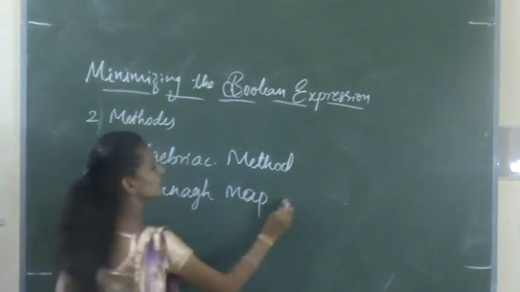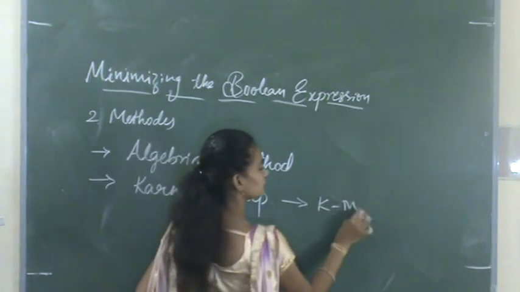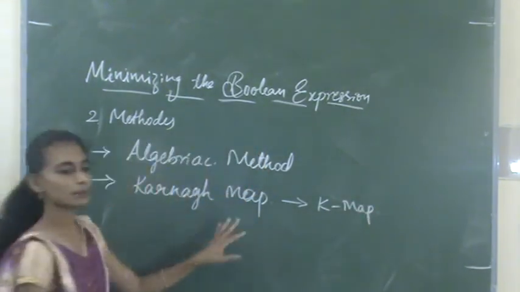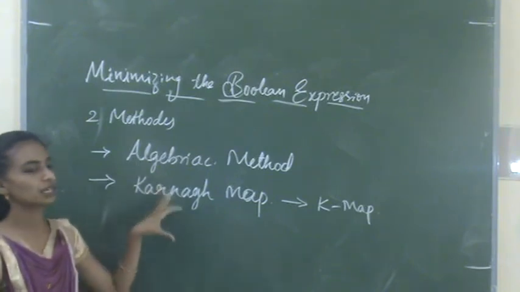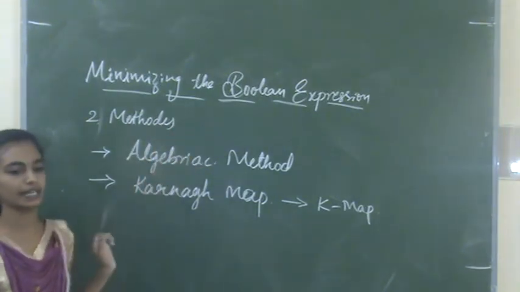We call this a K-map. Karnaugh map is also called K-map. So these are the two methods to minimize the Boolean expression.